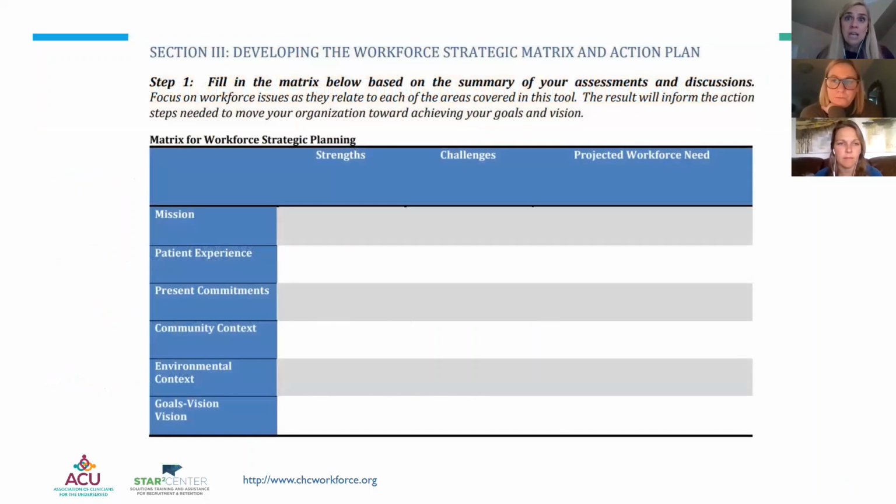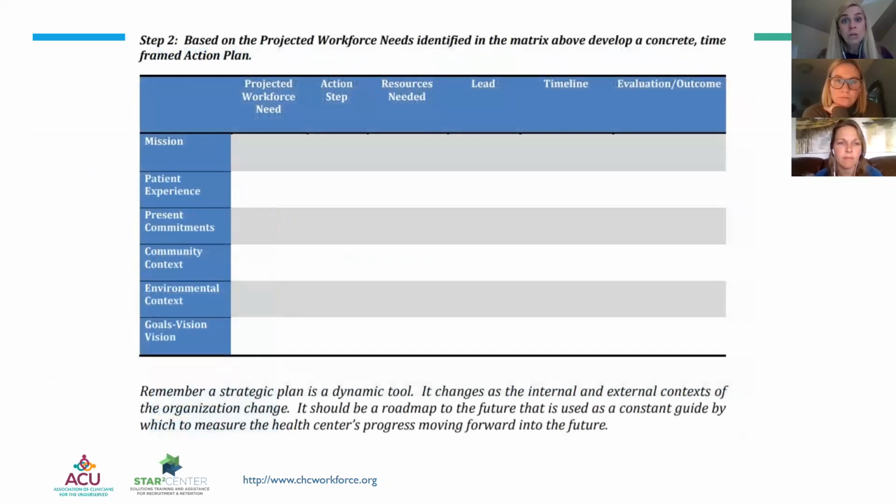And then these next two slides are actually showing the strategic workforce matrix and action plan. Next slide, please. And so these are a valuable resource. And Michelle's going to spend a lot of time talking to you guys today about our recruitment and retention plan. And it's chock full of these tables. They are in a Word template. They are completely customizable.